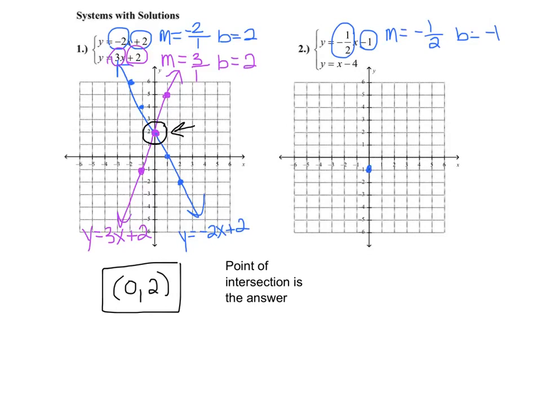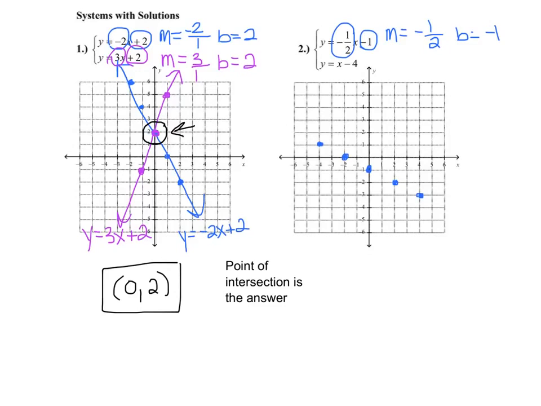And now you have to rise 1 and run 2 to the left because it's a negative slope. Again, you want to make multiple points when you're using system of equations. Rise 1 and to the left 2. Okay, let's go back to our b and we're going to go down 1 and to the right 2 and make our coordinate. Let's do one more, down 1 and to the right 2.